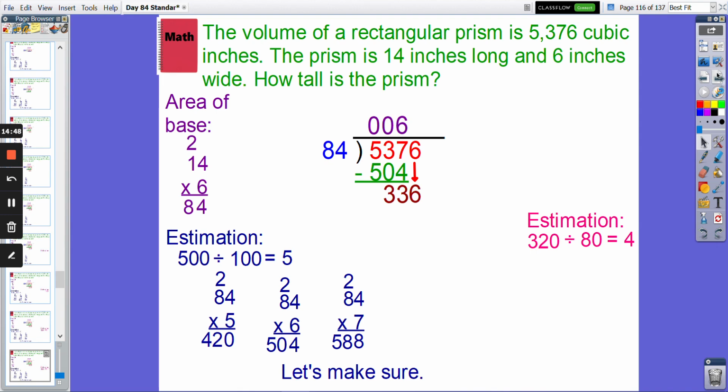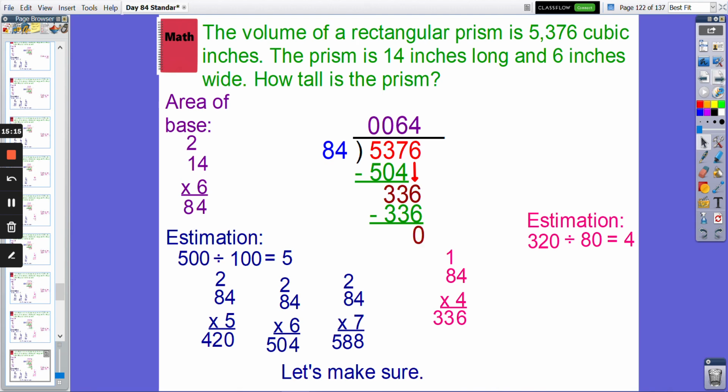So 84 times 4, and we get 336. So 336 is exact. So we know it's 4. 4 times 84 is 336. And we subtract and we have no remainder.